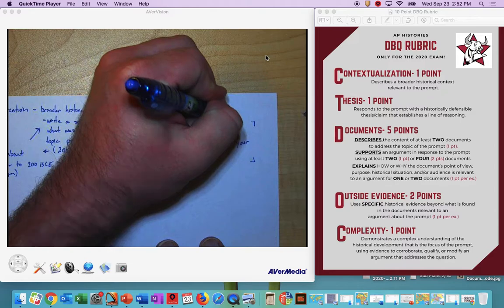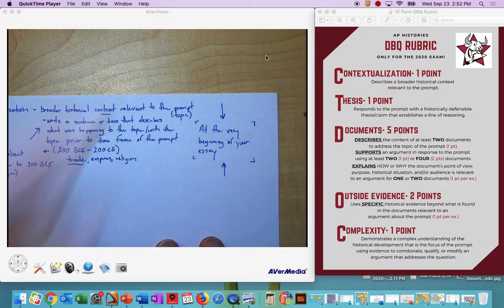But the first thing that you write as part of your essay should be this broader historical context relevant to the prompt. And it doesn't have to be long, it just has to be a sentence or two. We'll practice with this when we actually start looking at our DBQ. But right now, this is what that means. Just a sentence or two that describes what was happening to the topic or with the topic prior to the time frame of the prompt.